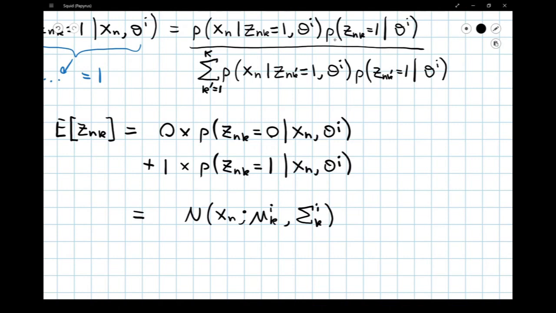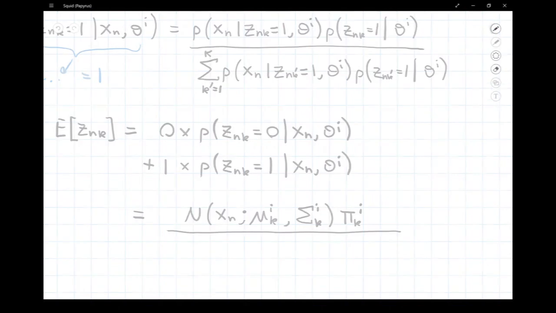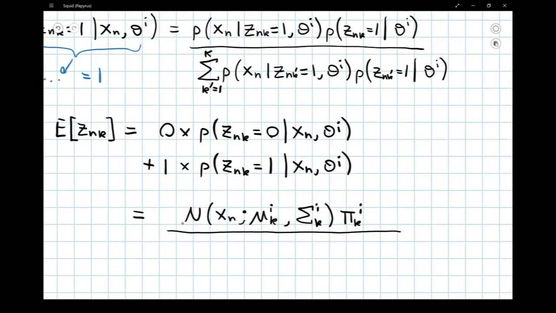And then we know that this thing, we were writing down pi's for this, but again, it's pi k, and it's our ith estimate of it. So we have a pi k, and it's our ith estimate, and that's what we've got on the numerator. And then on the denominator, again, it's all this stuff. Okay, so I'll just copy this and stick it down there.